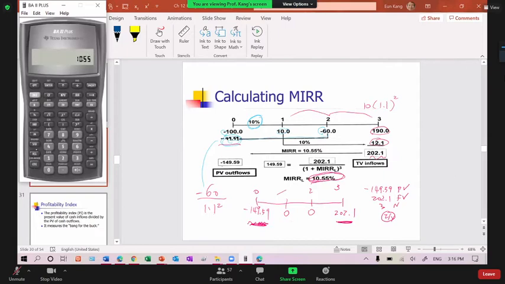So second, clear TVM. 149.59 negative present value, and 202.1 future value. 3 years, 3N. And compute IY, 10.55.